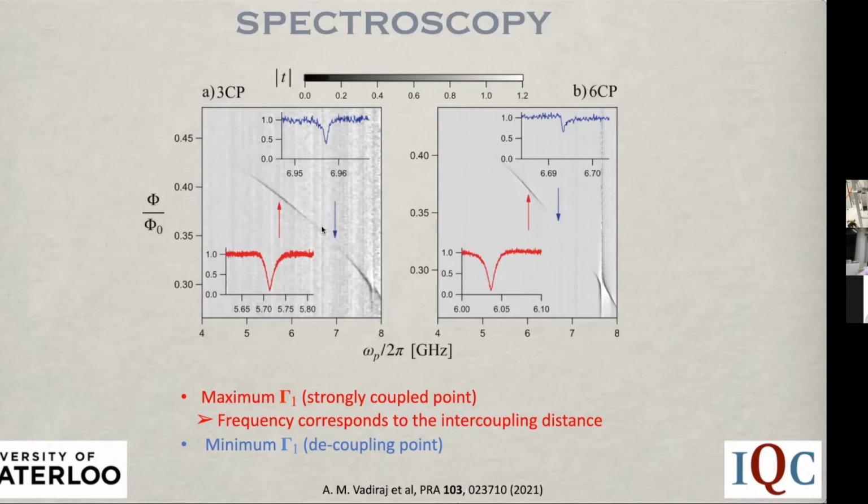But the other thing you can see is that there are places where this line is dark. So we have strong coupling, almost perfect reflection. And then we have places where the line starts to almost disappear or becomes much weaker, and there we know that we have weaker coupling. And this is just the same plot for the 6 connection point device. So again, we see the tuning and we have strong coupling and weaker coupling.